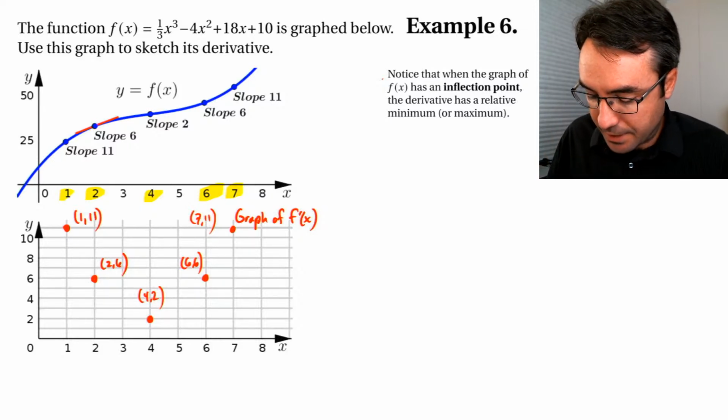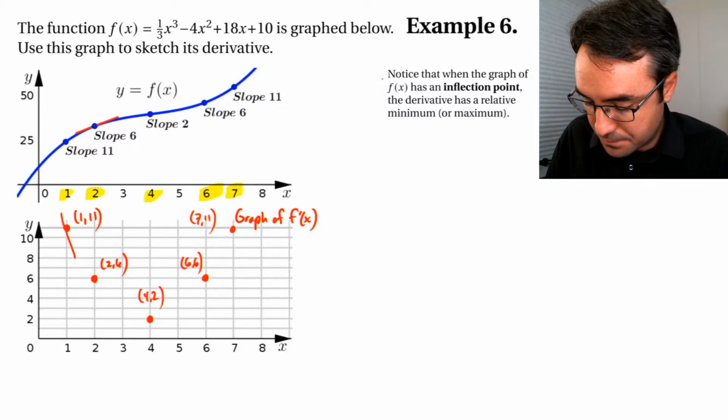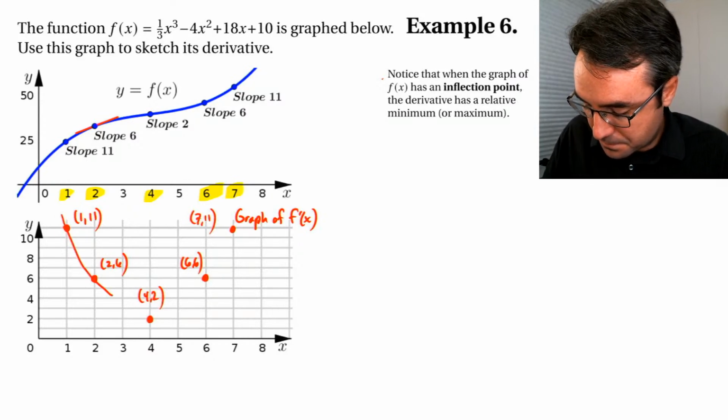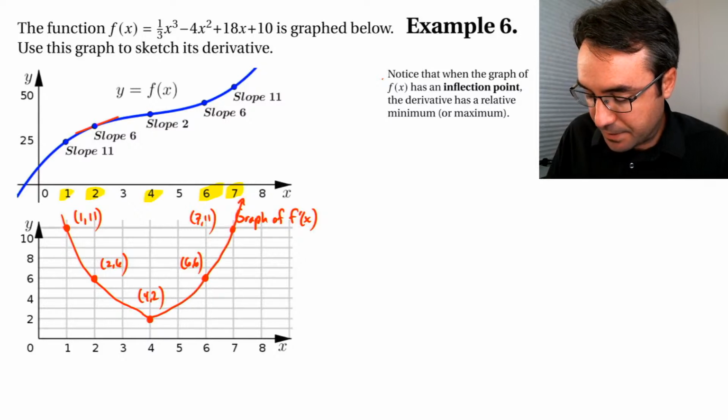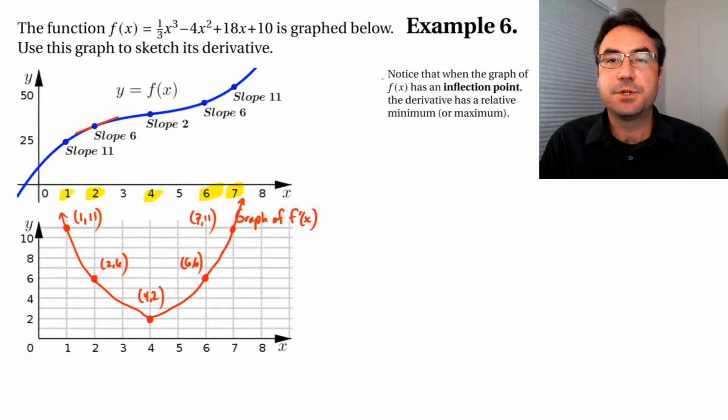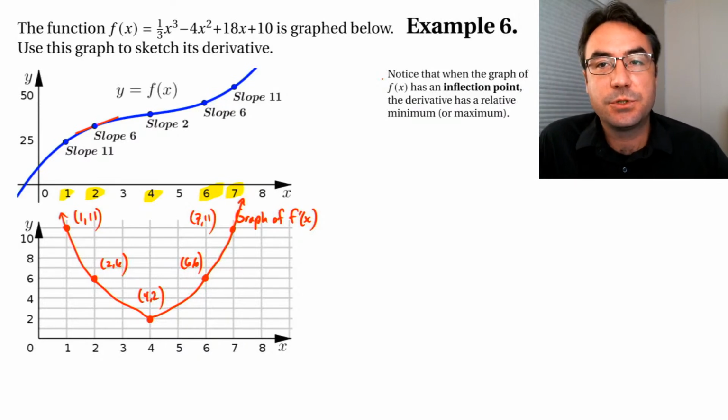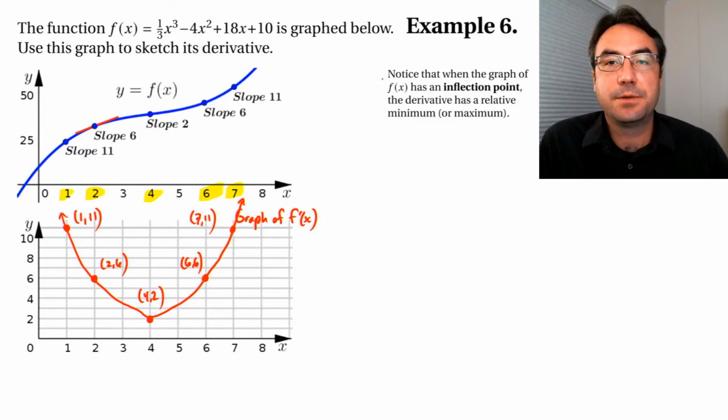And it looks like we're getting a parabola shape. So maybe something like this. So we're just sketching the graph of f prime, just trying to capture the overall behavior of what f prime might look like.